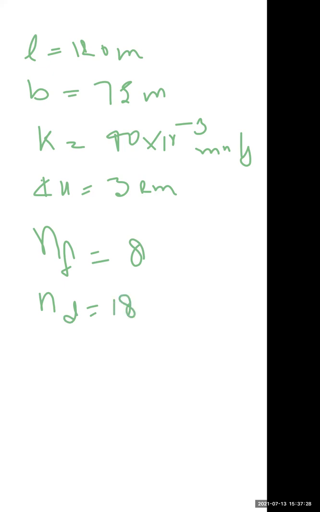So first we have to calculate the total seepage loss per day under the dam. The dimension of flow is two-dimensional, so we find the discharge with the help of the formula Q equal to K H NF by ND. K is given, H is given, NF and ND are also given.